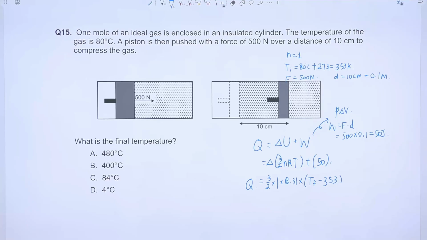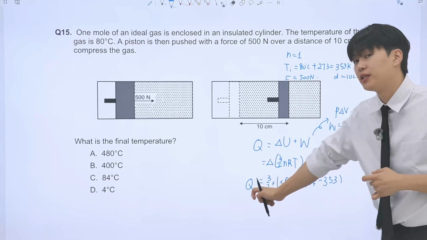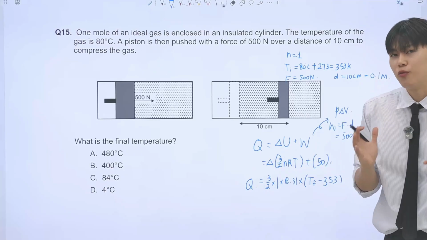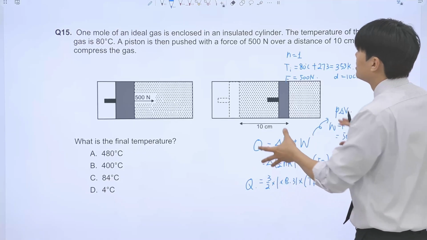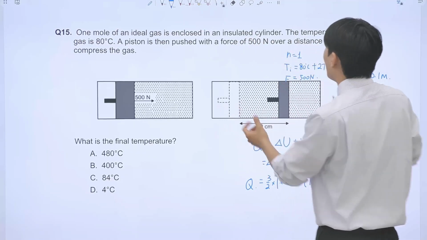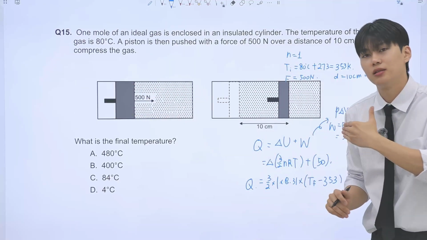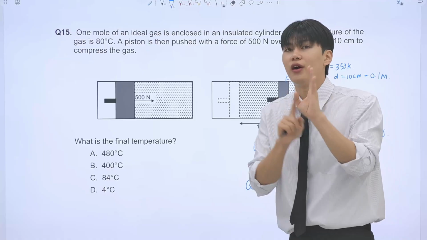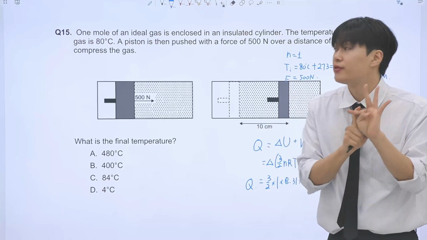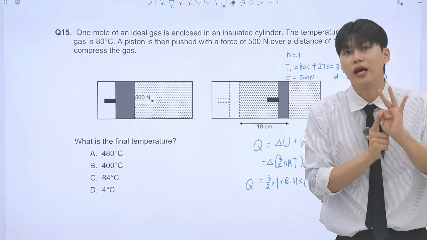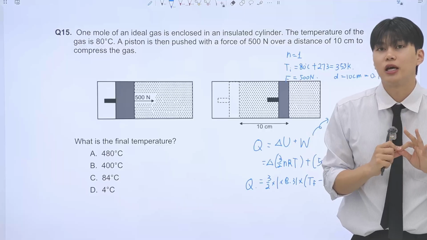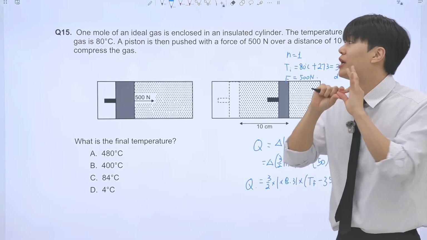But I think we actually need more hints for the Q. We can only assume that it's an isolated system, and that the piston is pushed pretty hard and pretty fast. When the process happens at a fast rate, and there's insulation, it's an adiabatic process. We can assume that, but I think they need more hints.